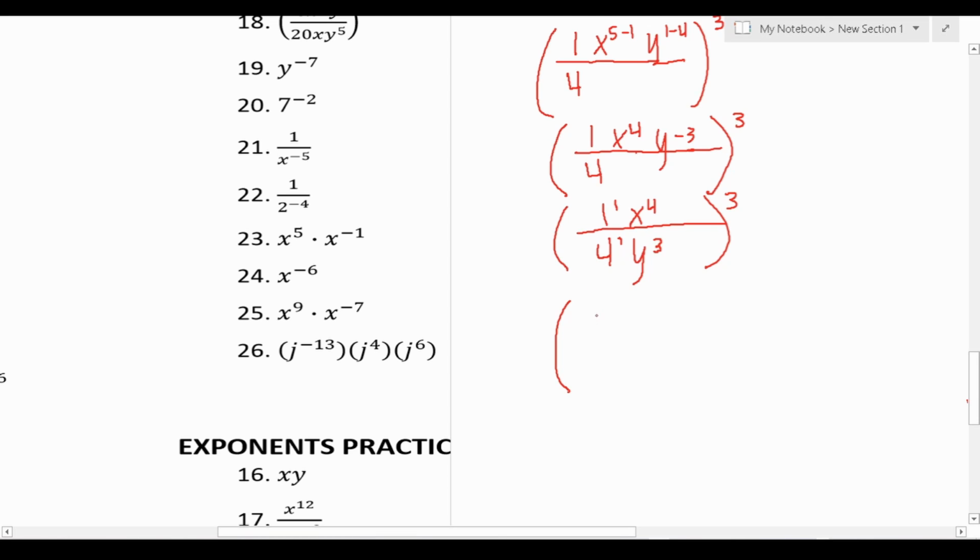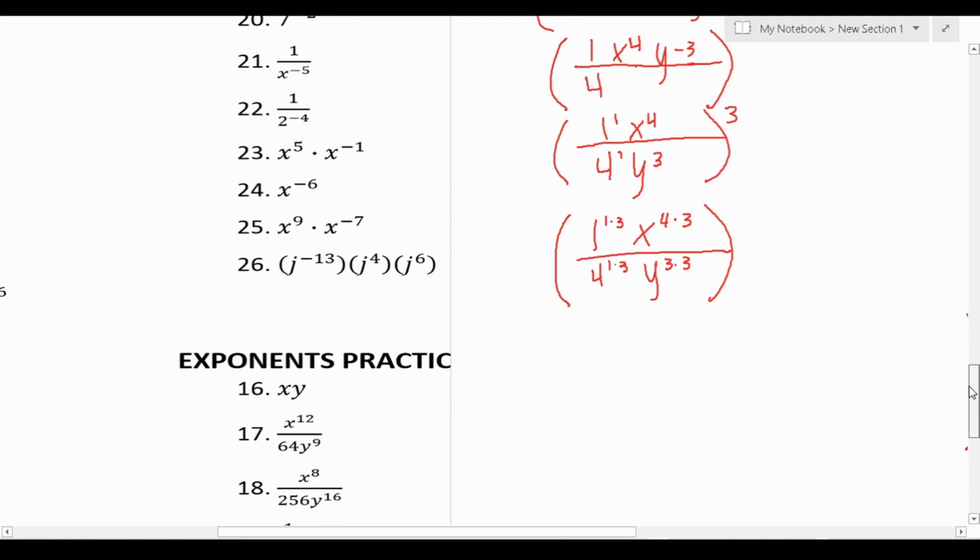So this is going to be 1 times 3, x, 4 times 3, 4, 1 times 3, and then y, 3 times 3. So we just got rid of that exponent via the expanded power rule.